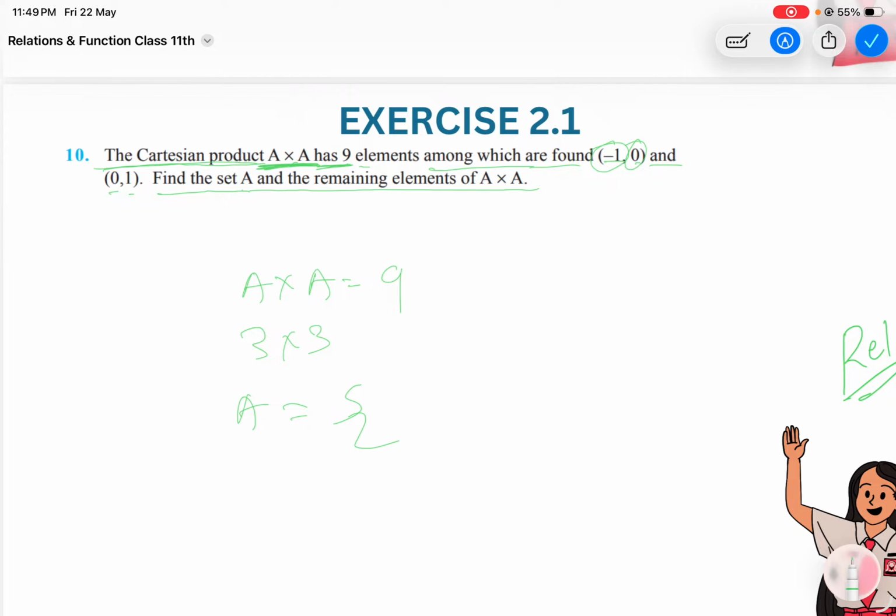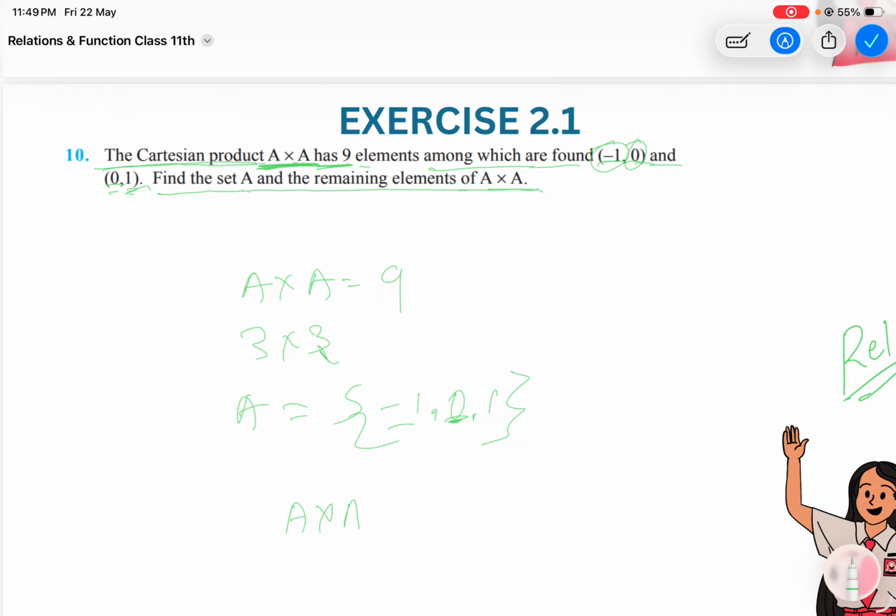It means A has 3 elements, right? Here you can see minus 1 and 0 are already given, and 0 and 1. So 0 is already here. We have only 3 elements. Minus 1 and 0 are already written. So what is left is 1. So this is A.